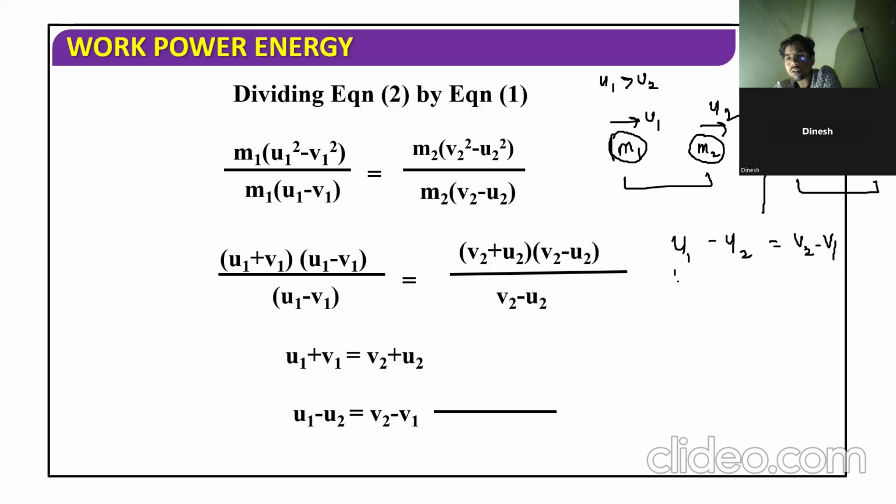So actually, what is this u1 minus u2? It is the velocity of approach. And what is this? Velocity of separation.